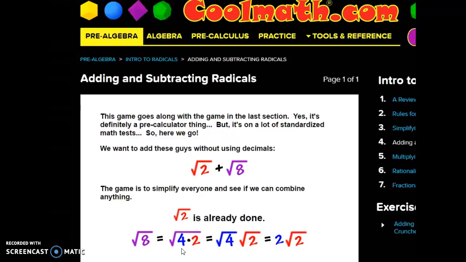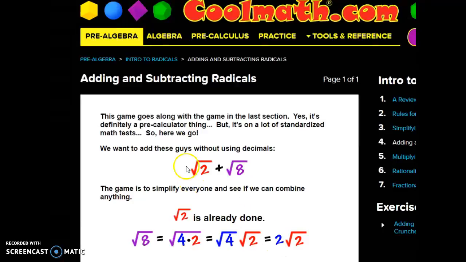And we know that 4 is 2 times 2, which is why he represents it like this. And we know that we can turn this blue number 4 into this blue number 2 because the square root of 4 is 2.